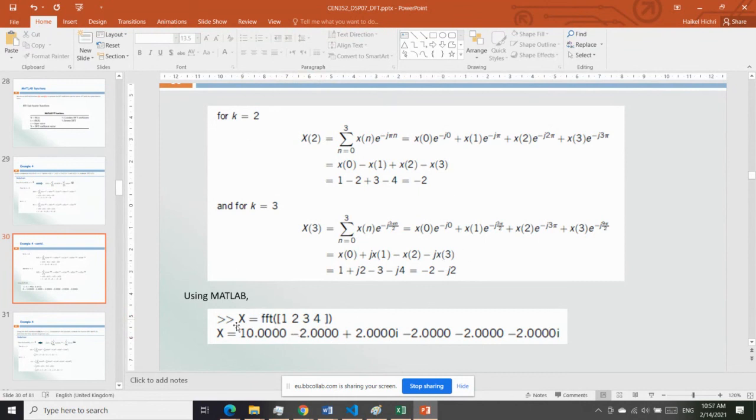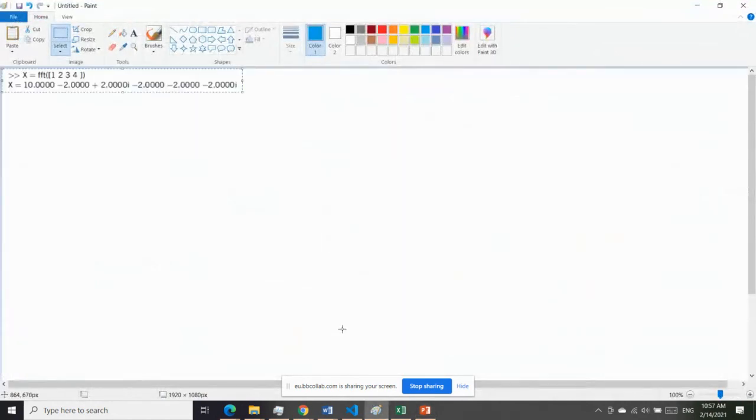هذا القيمة الأولى 10. هذا القيمة الثانية -2 plus 2i. هذا القيمة الثالثة -2.